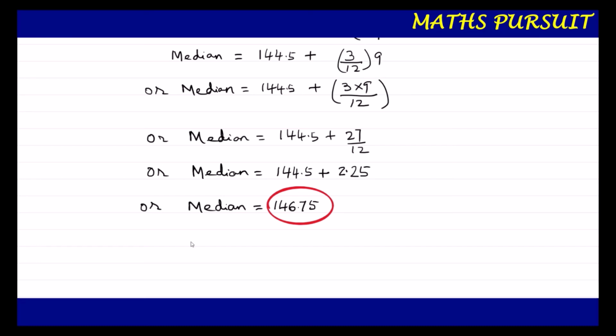So we can write here, hence the median length of the leaves is 146.75 mm. We need to write the unit also because they have given length in mm.